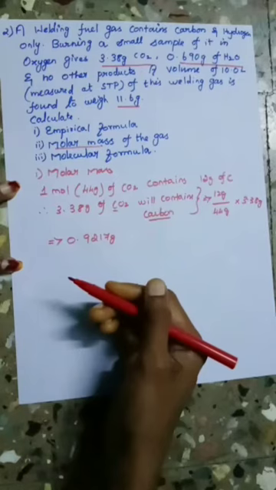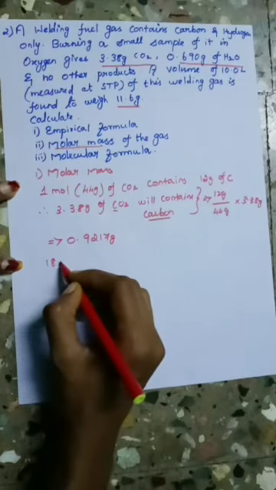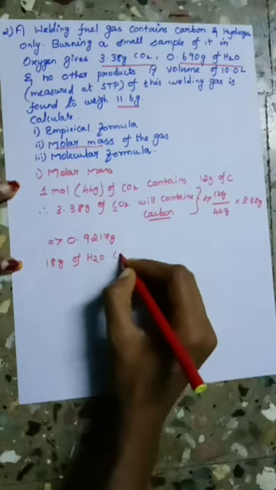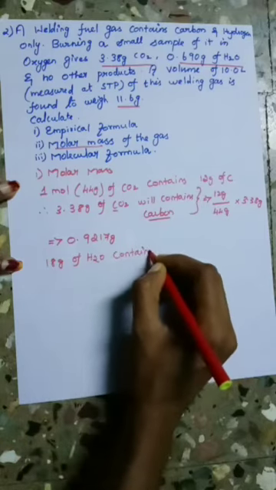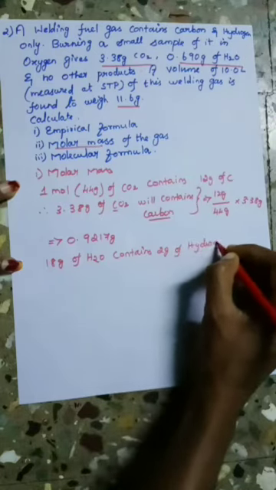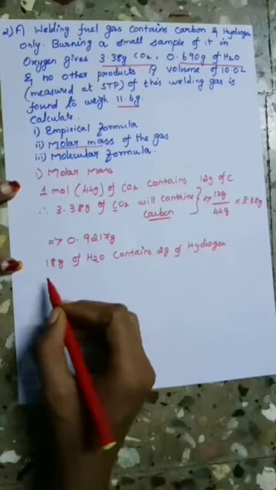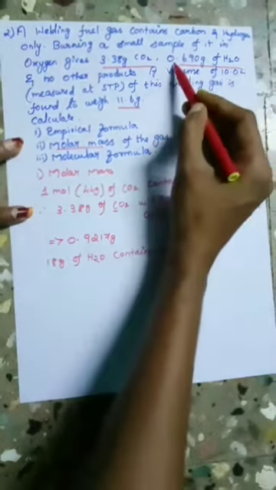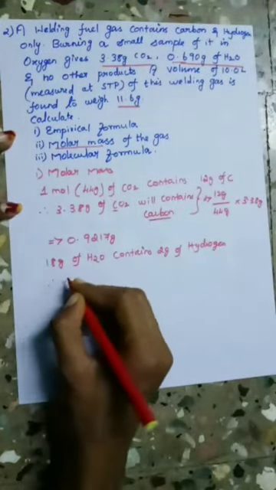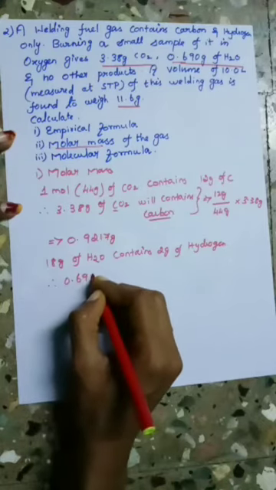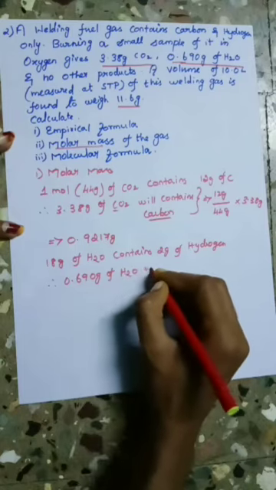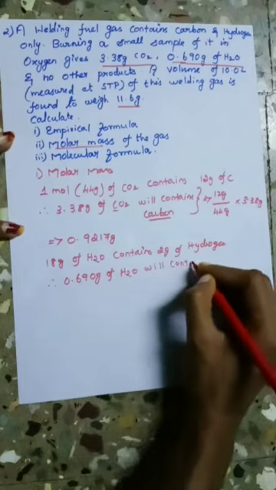So next, 18 gram of water contains 2 gram of hydrogen. So what is the answer? They have given 0.69 gram. Therefore 0.690 gram of water will contain hydrogen, correct?